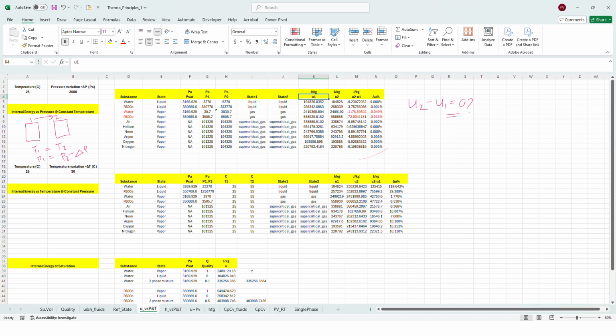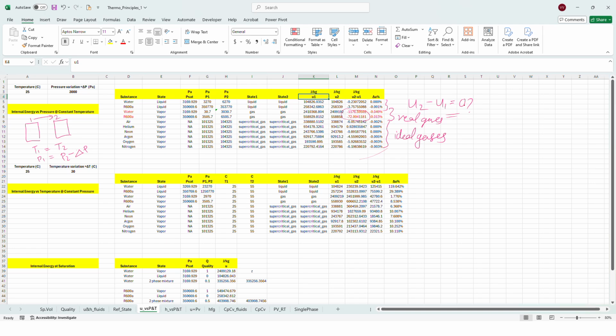For pure liquids it's almost zero, it's 0% change. And for gases that are very close to ideal gases, it's also almost 0%. But when you have some that are closer to real gases, when they are closer to phase change or they have a larger molecule size, they do have an effect.